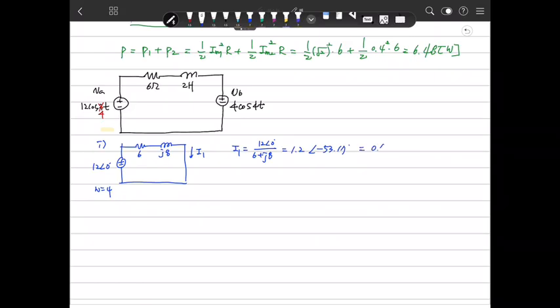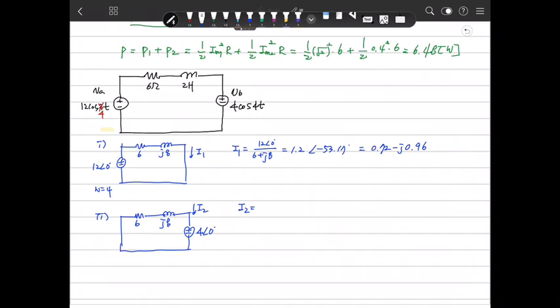So there is 0.72 minus j0.96. How about the second source? It's short circuit, another source here. We define this as I2. So this is 4∠0 degrees over 6 and j8.